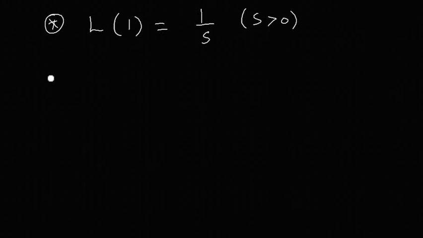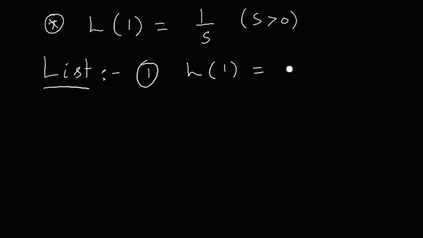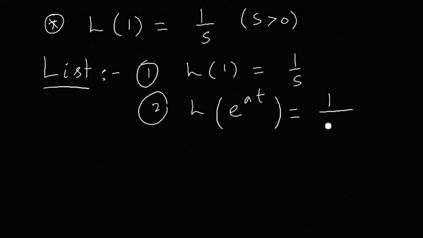Similarly, if we use the definition of the Laplace transform, we get a list. The most repeatedly used, very common and very important list is as follows. Number 1: L of 1 is equal to 1 by s. L of e to the power of at is equal to 1 by s minus a, where s is greater than a.